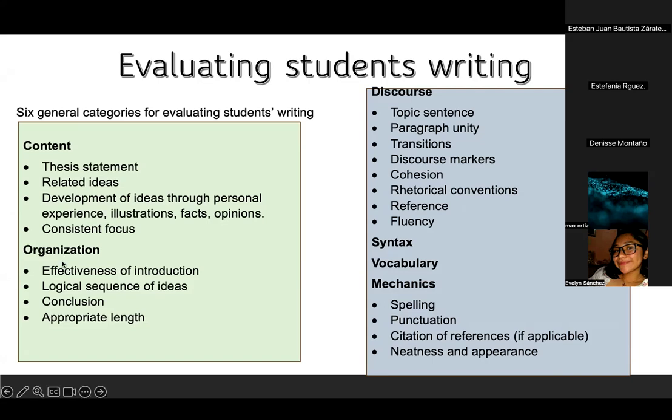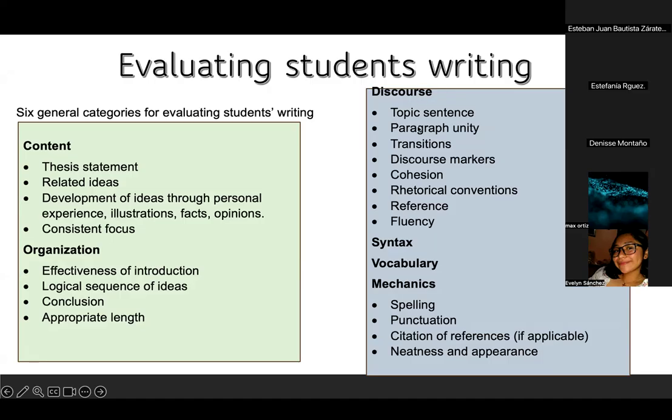The second, organization. The introduction really presents the topic, then logical sequence of ideas. Also that the text has a conclusion and the text is appropriate in length. So it's not too short, not too long. Then aspects related to discourse.